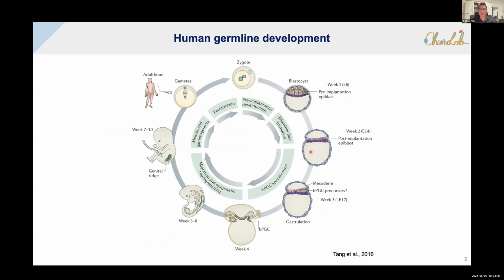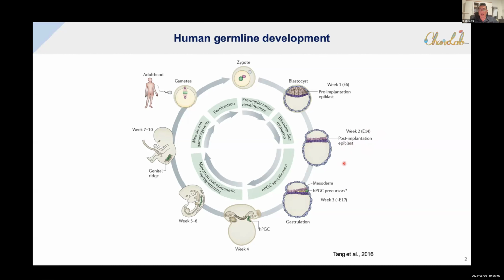Actually, 2 weeks is kind of an awkward time during development because we don't have access to human development at around 2 weeks. So basically, we know very little about how the germline is established during development. After the precursors of the germ cells are specified, these precursors are called primordial germ cells, or PGCs for short.